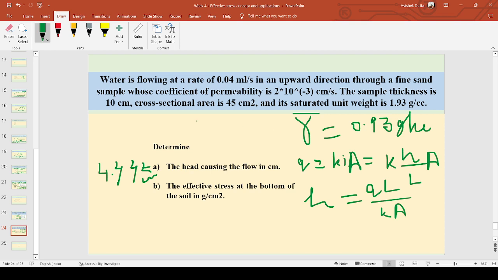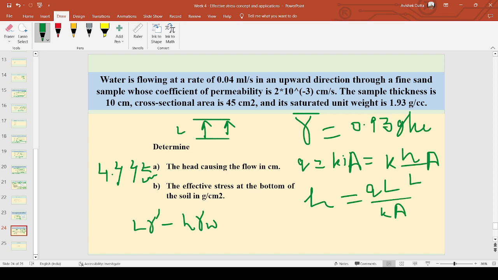Okay, now we have to find out the effective stress at the bottom of the soil in gram per cc. So if this is the layer of the soil and the water is rising up in the upward direction, then this is L. Effective stress will be calculated not with respect to gamma sat but with respect to gamma submerged. So we can say that L into gamma submerged, that is the downward force, minus the upward force, that is the head causing the flow into gamma W, will be the effective stress at the bottom of the soil in gram per centimeter square.